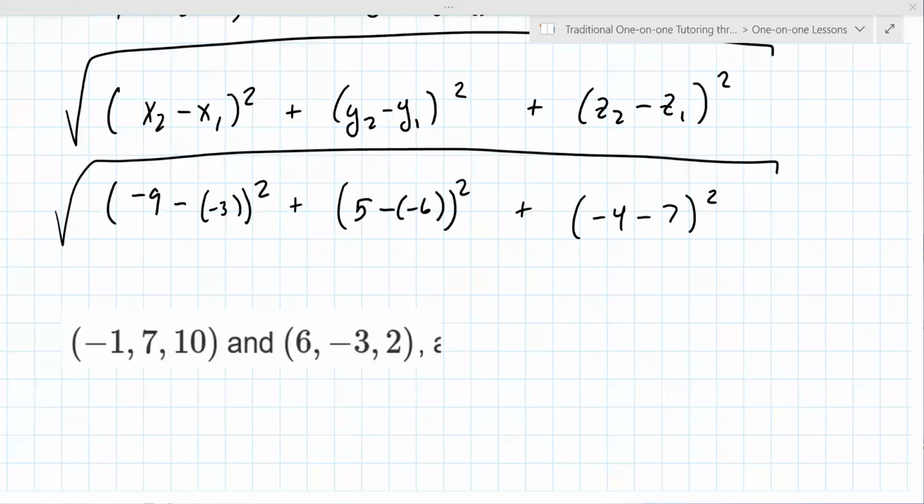I get 14.6. Okay. And you said the midpoint again was 2.5, 2, and 6. Perfect.